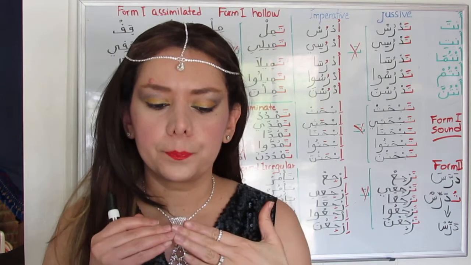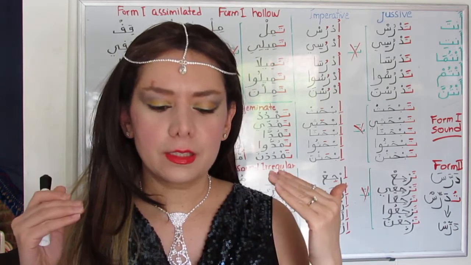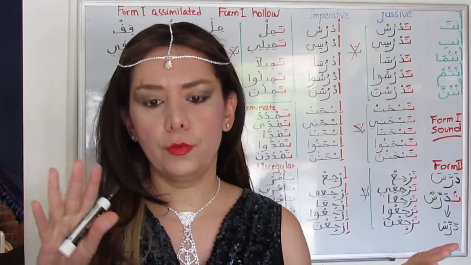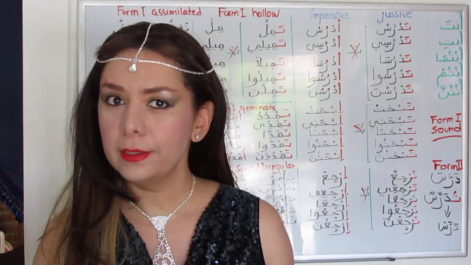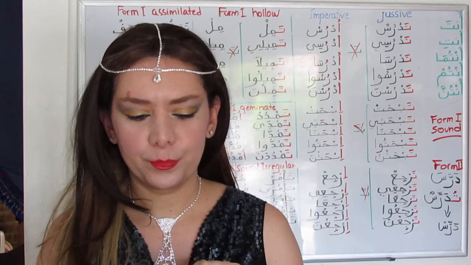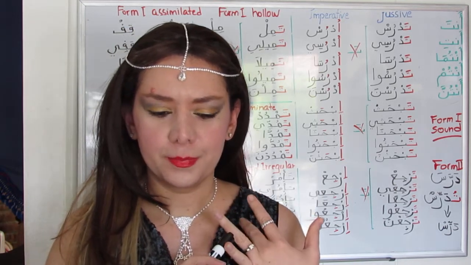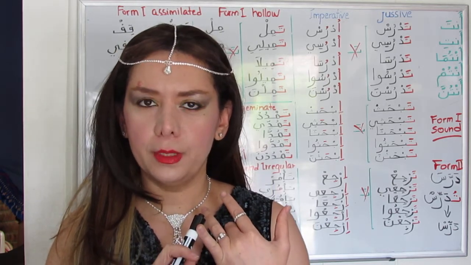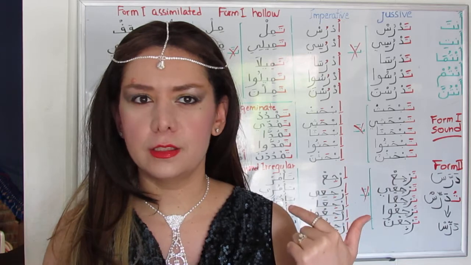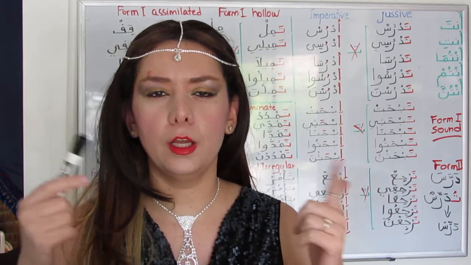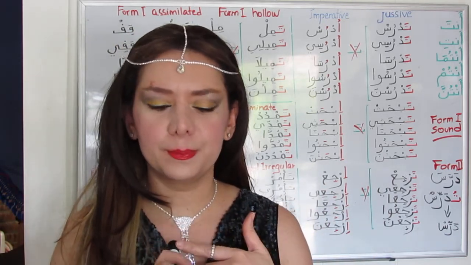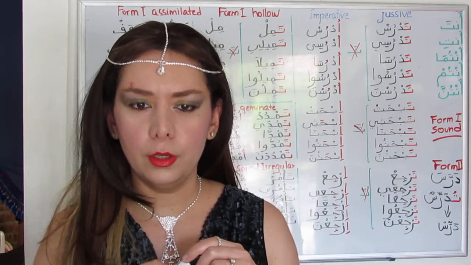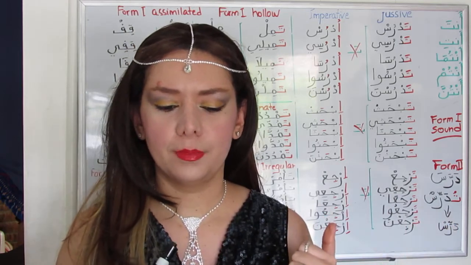So now, let's review the rules for forming commands for verbs in form 1 and form 2. First, you take the jussive conjugation for the appropriate pronoun, anta or anti or antuma, antum, antunna. Second, you delete the prefix from that conjugation.